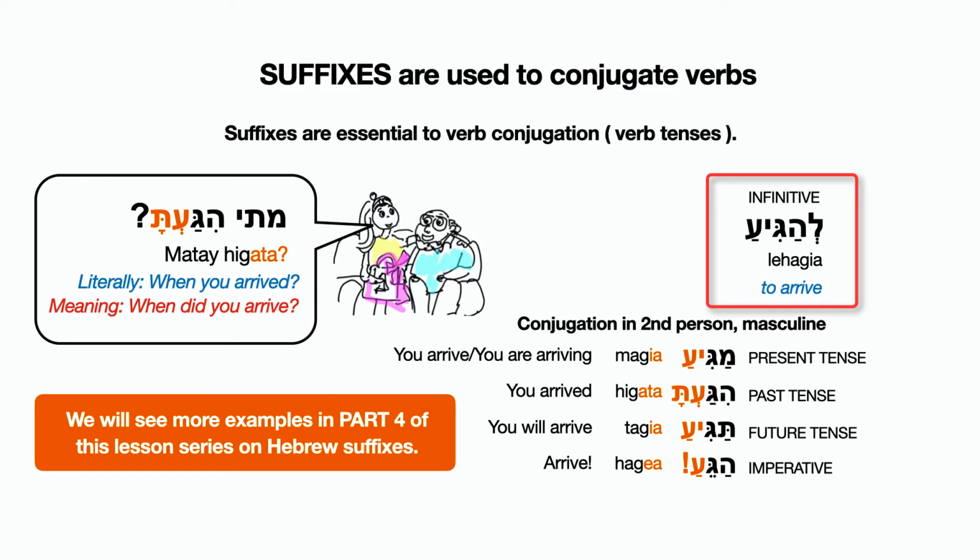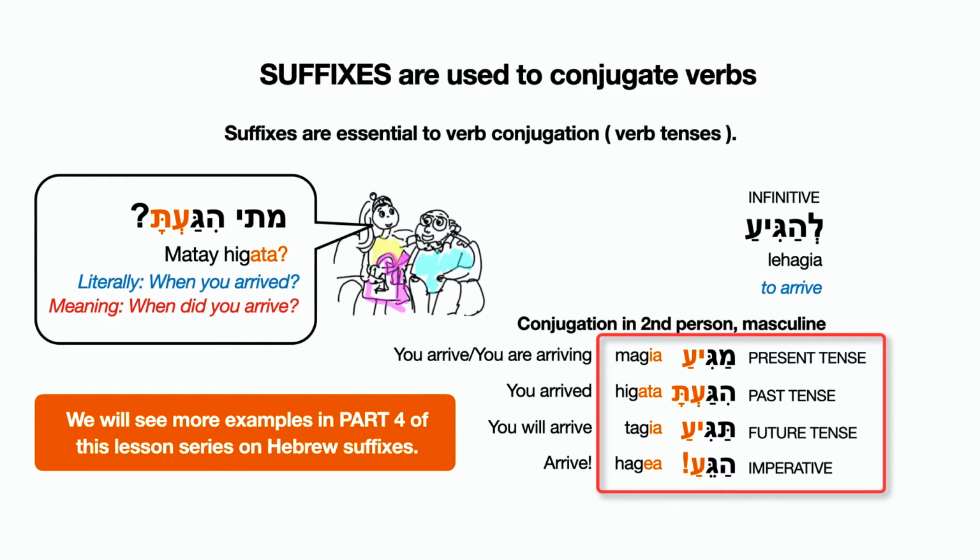And to conjugate that in the second person masculine form, present tense is you arrive or you are arriving when talking to a male person. Magia, the suffix is ia. And to say the past tense of arrived, you arrived, we say higata. Higata, ata is the suffix.